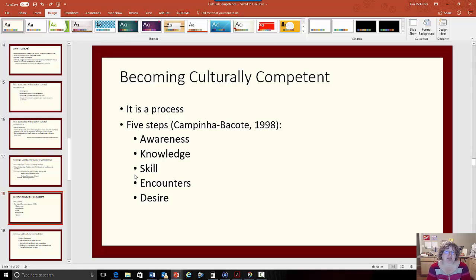I was lucky that I was able to take just a class on cultural competency in my master's program, which I found very fascinating. And these two particular theorists are my favorite. We're going to focus on Madeline Leininger because she's in your book and because she's really the preeminent theorist.